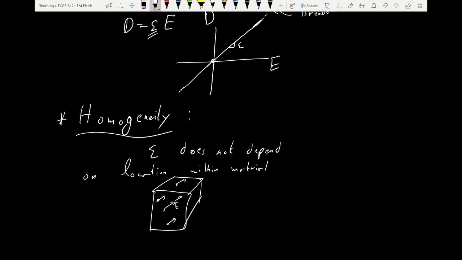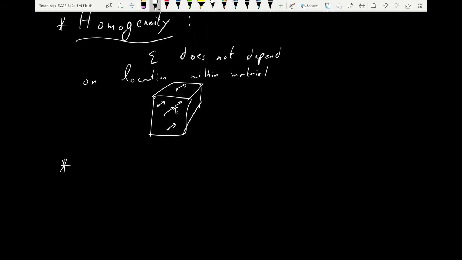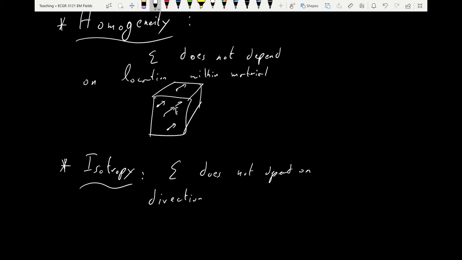It doesn't matter where we apply the electric field, we're going to get the same epsilon. That material is homogeneous. That's homogeneity. Isotropy essentially says epsilon does not depend on the direction of E, the electric field intensity.